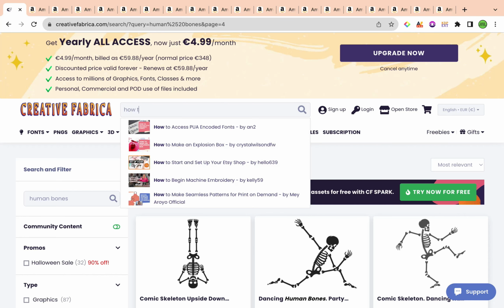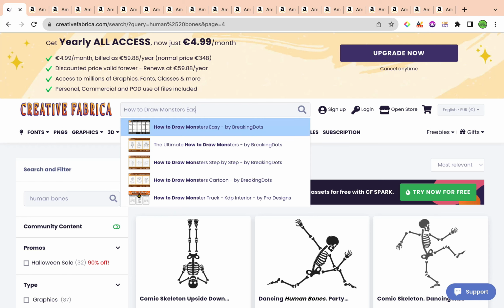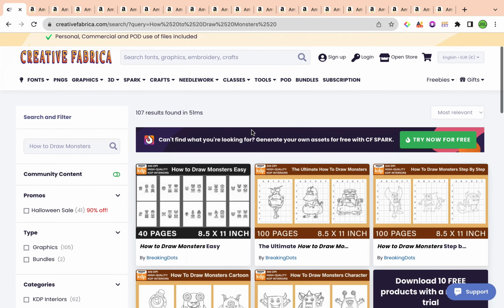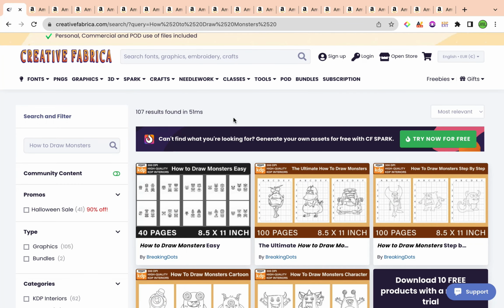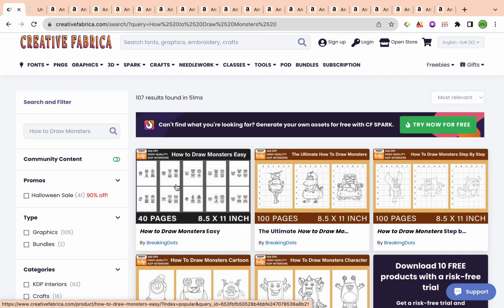So let's go to how to draw monsters and see what our interiors are showing. I just searched how to draw monsters and I got a whopping 107 results, and there are the step-by-step type of books that I was talking about, so you can do it that way.